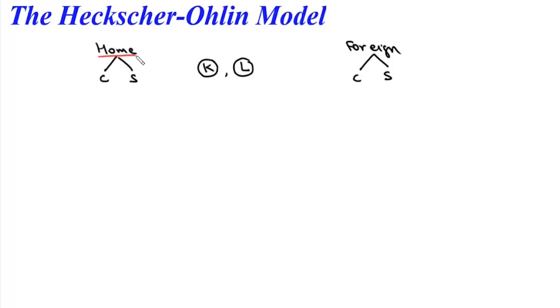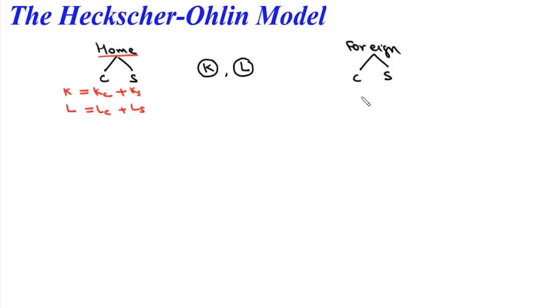In home, let us say the total amount of capital used for computers is KC and the total amount of capital used in shoes is KS, and KC plus KS is equal to the total capital used at home, which is K. In the same way, suppose the amount of labor used in computers is LC and the amount of labor used in shoes is LS, then it gives us the entire labor used at home.